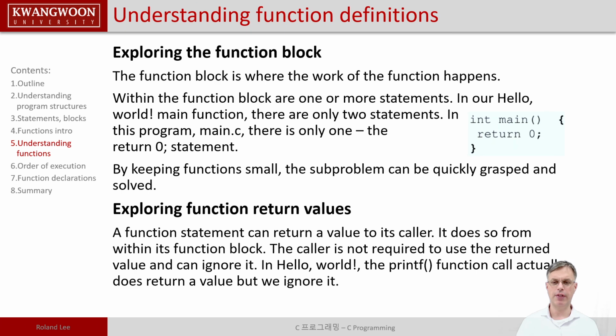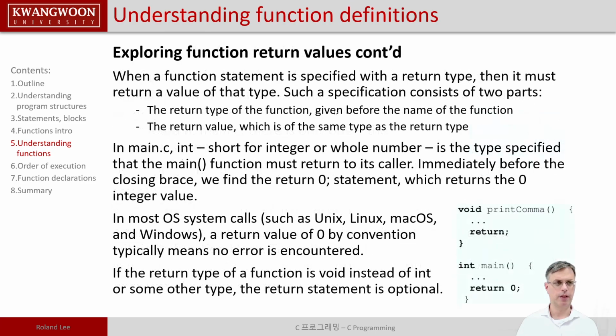When a function is specified with a return type, then it must return a value of that type. Such a specification consists of two parts: the return type of the function given before the name of the function, and the return value, which is of the same type as the return type.